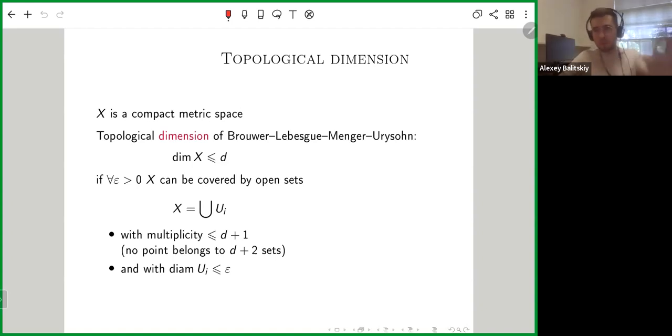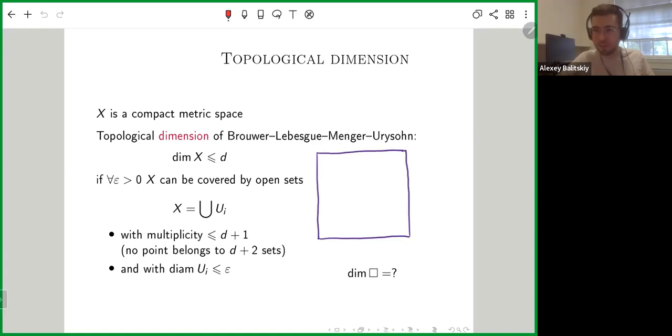That's the definition of the dimension. Once I define the upper bound, I say that the dimension is equal to the lower bound of those non-negative integers D such that this holds. So this is just the very usual dimension that we are all used to.